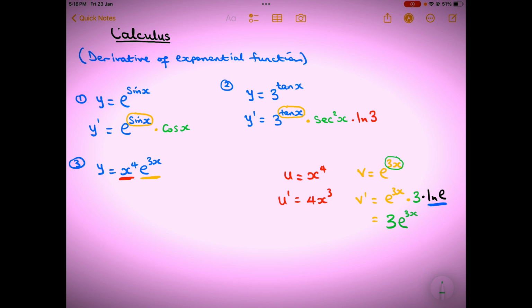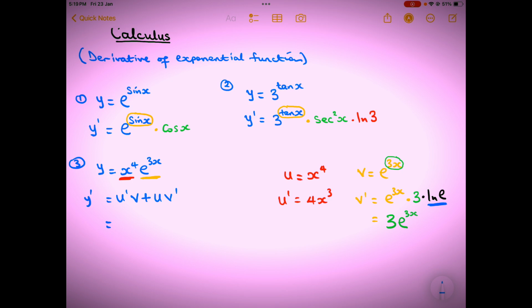So now from the formula, we are going to put in the values of u prime and v prime. The formula is u prime v plus u v prime. So let us take our time and do the correct substitution.